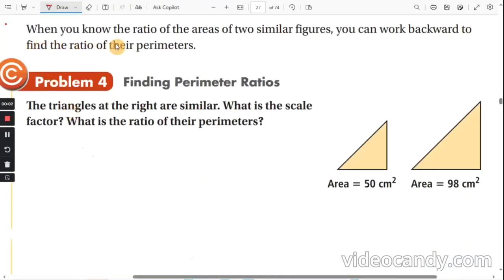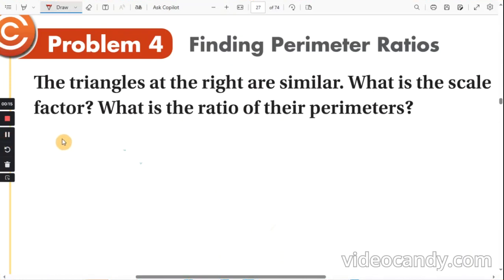So, when you know the ratio of the areas of two similar figures, you can work backward to find the ratio of their perimeters. Now we're going to go the other way. Example 4, the triangles at the right are similar. What is the scale factor and what is the ratio of their perimeters?